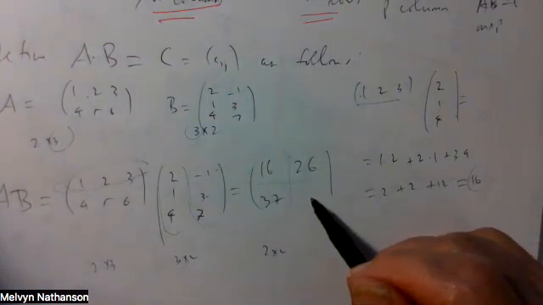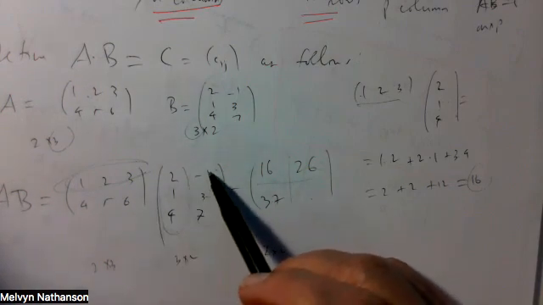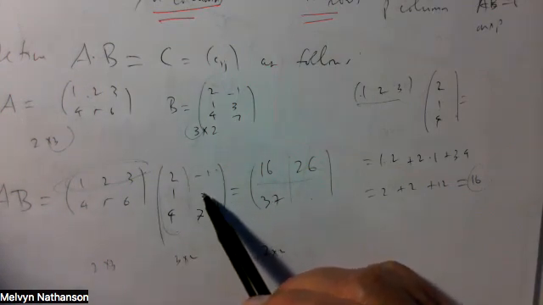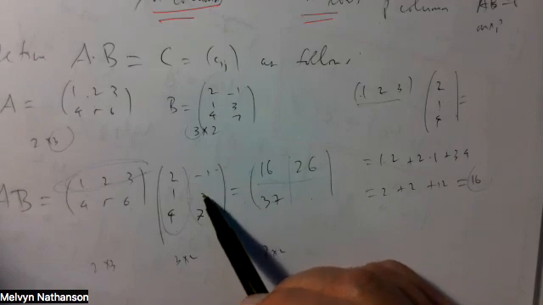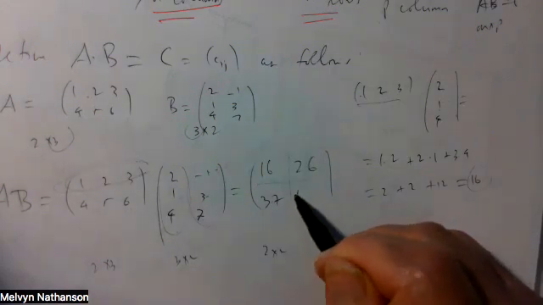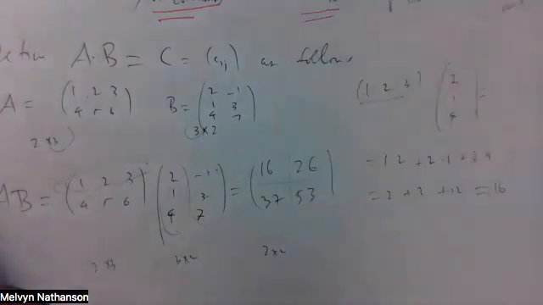And this is the second row, second column. So I multiply the second row into the second column. I get minus 4 plus 15 is 11, plus 42 is 53. So the product of these two matrices is this. Right? So this is matrix algebra. It's very, very important that you learn how to calculate these products.